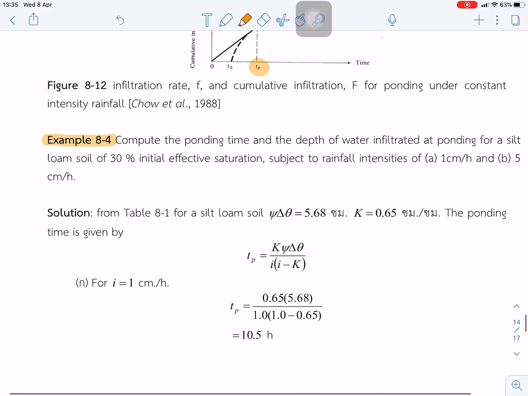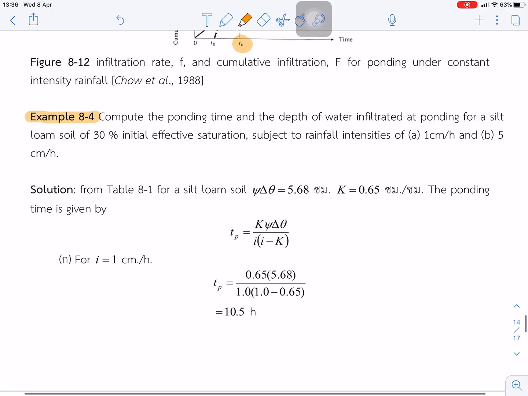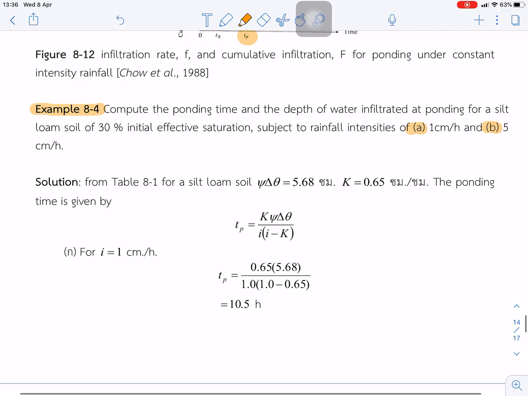Okay, next example, compute the ponding time and the depth of water infiltrated at the ponding time for silt loam of 30% initial effective saturation, subject to rainfall intensity of 1 centimeter per hour and 5 centimeters per hour. So this one should be from the previous example.